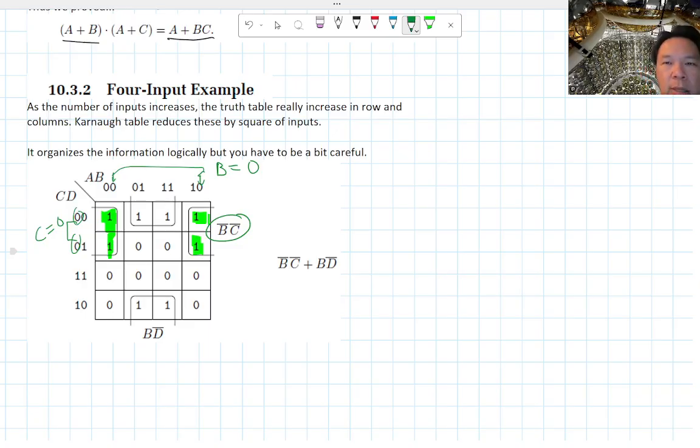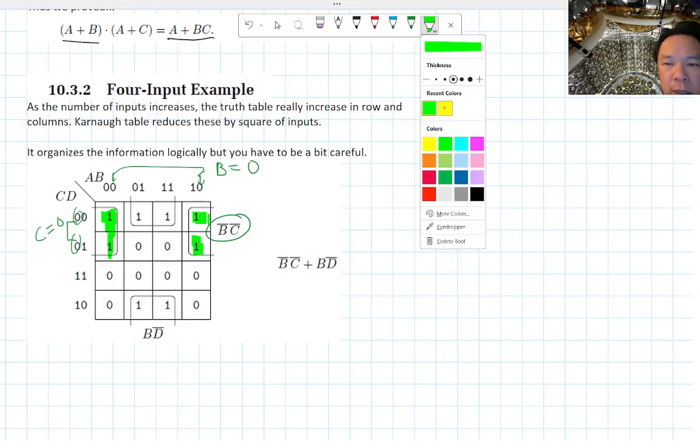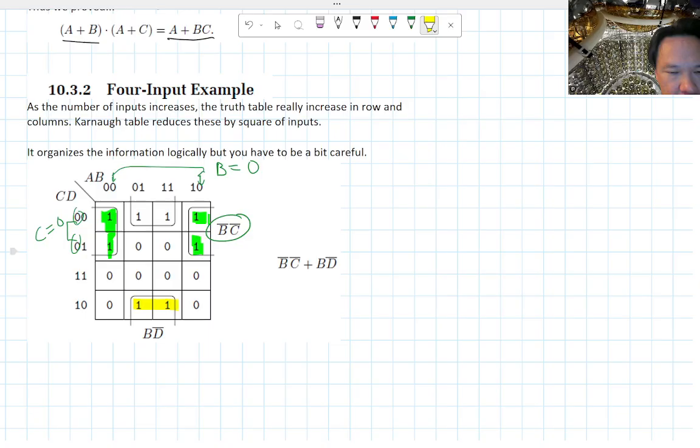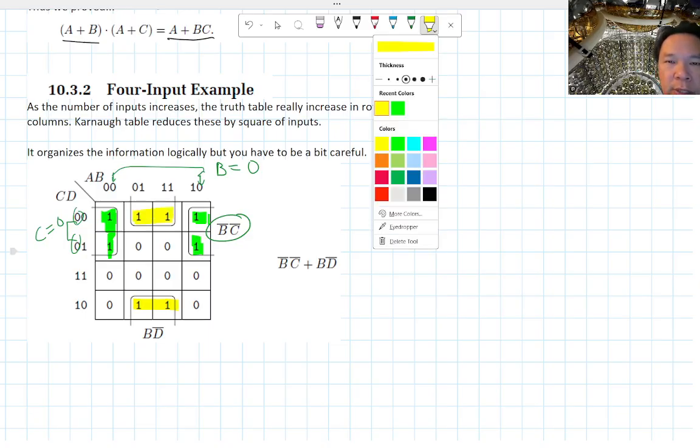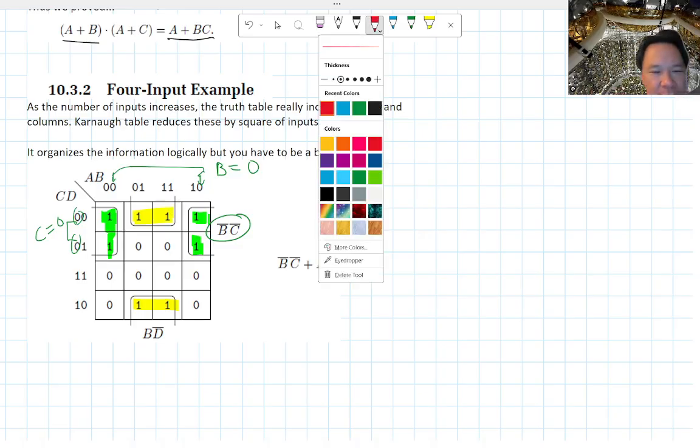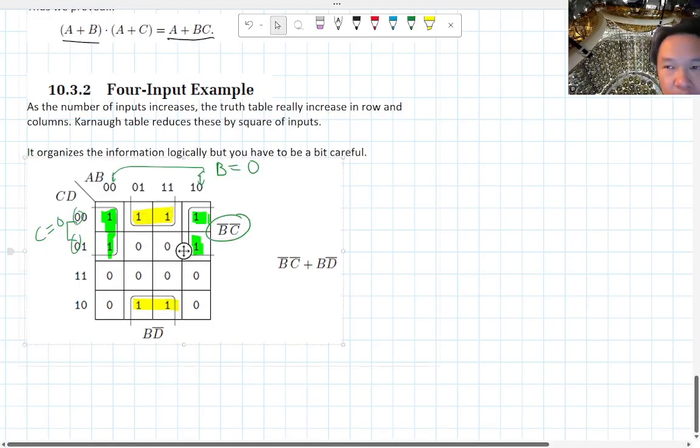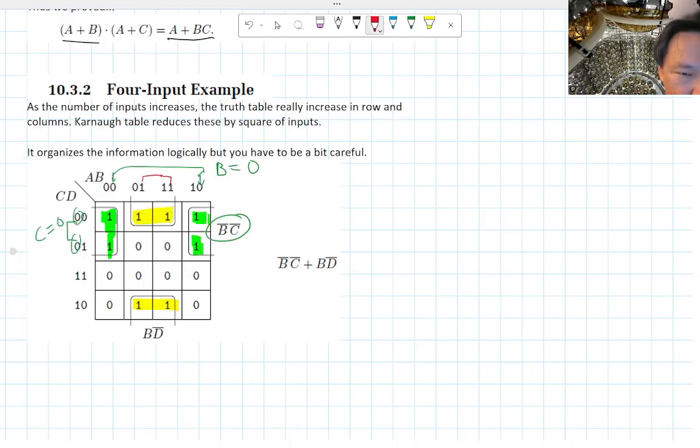The other pattern you see down here, I'm going to do that in yellow. The book already highlighted it, but if you stare at these long enough, you'll see them. In this case, the B's are equal to 1 there. However, in these rows is where D is equal to 0.